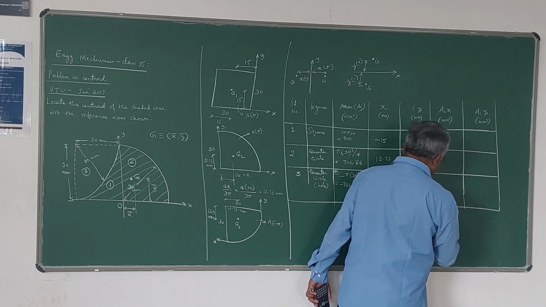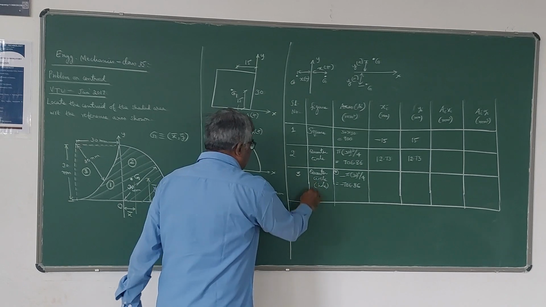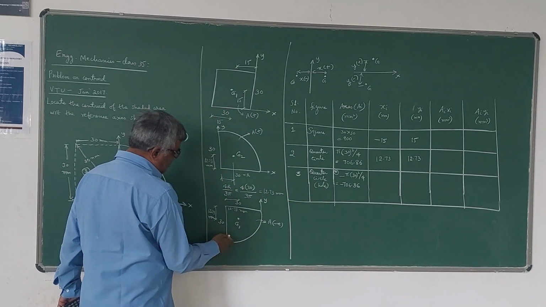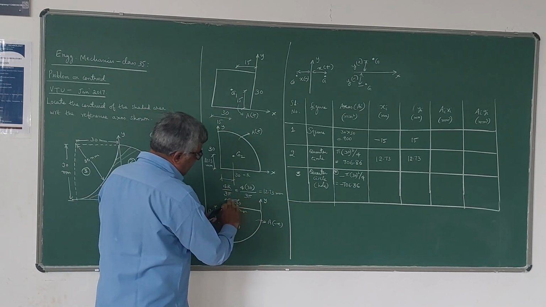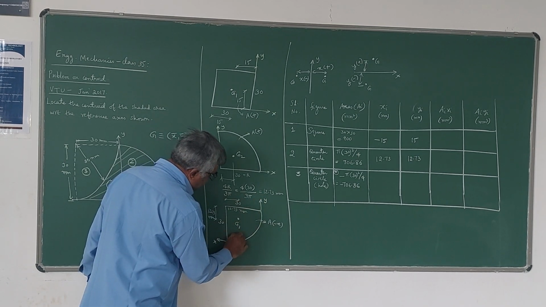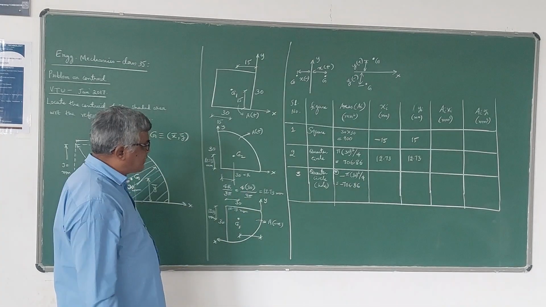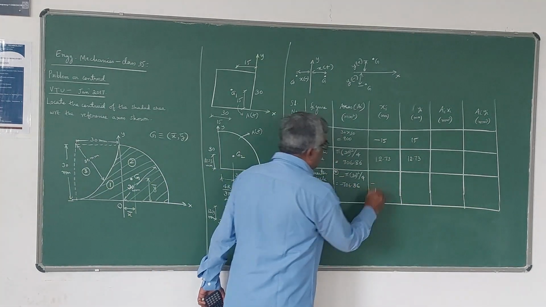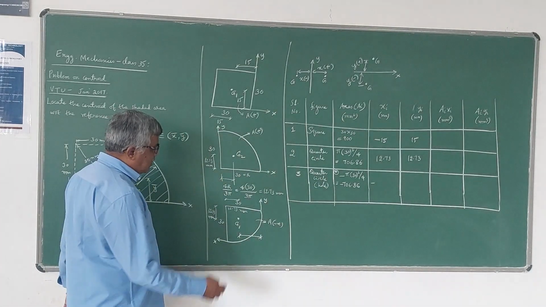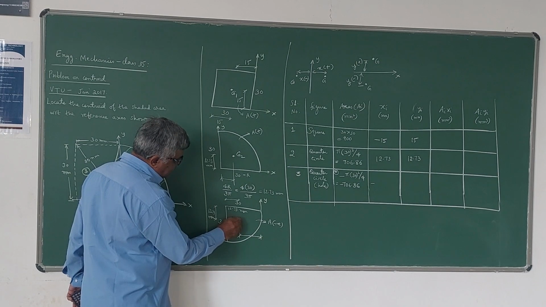Now distances x and y we have to find out. So distance of G3 from the y-axis. Please note that the y-axis is this side. So you are measuring this G3 to the left of the y-axis. To the left of the y-axis means minus. You have to take minus here. Now I need this distance. Please note that the centroid lies here.